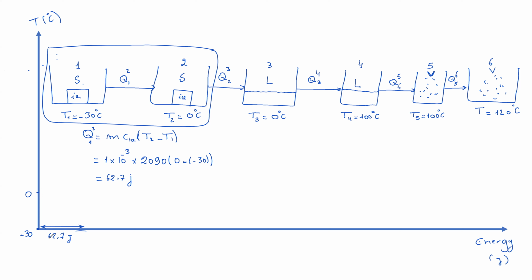Okay, like this, we pass from the initial state to the final state. Let's say this is stage 1, stage A. We pass from state 1 to state 2.